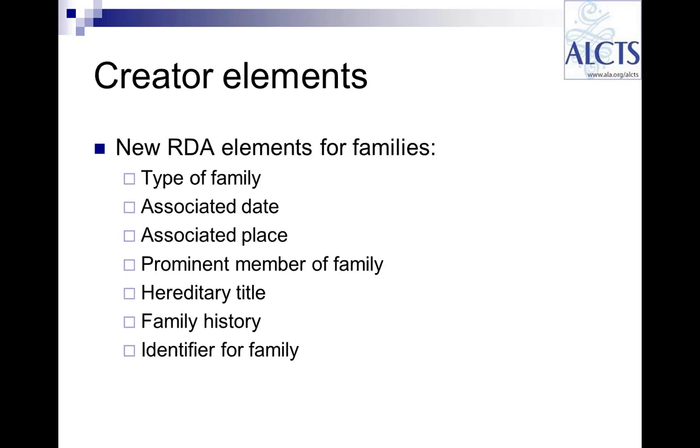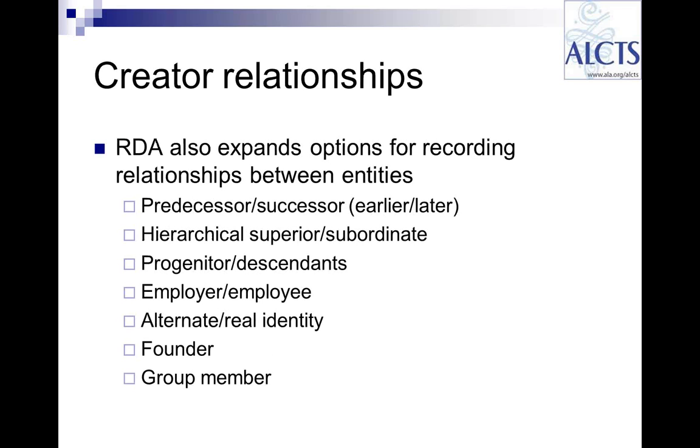For families, again, there are a number of other elements that can be recorded separate from the heading itself, the type of family, associated dates and places, and so on. One of the other areas of expansion in RDA is recording the relationships between entities as part of an authority record.